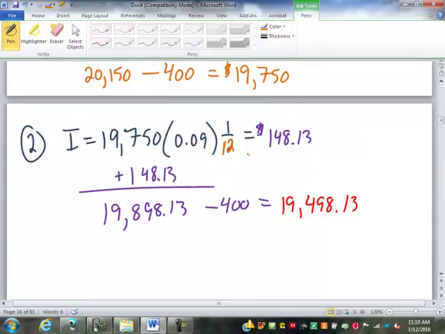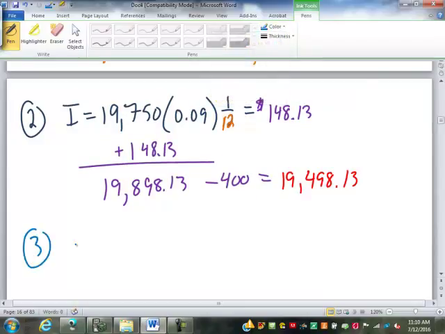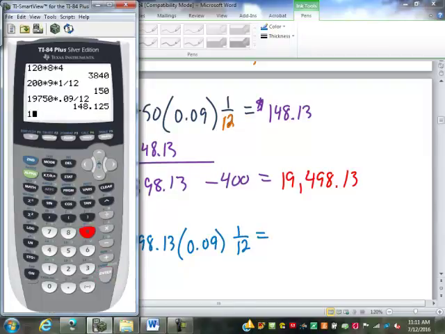Now in the third month, your interest is $19,498.13 times 0.09 times 1/12, which is $146.24.